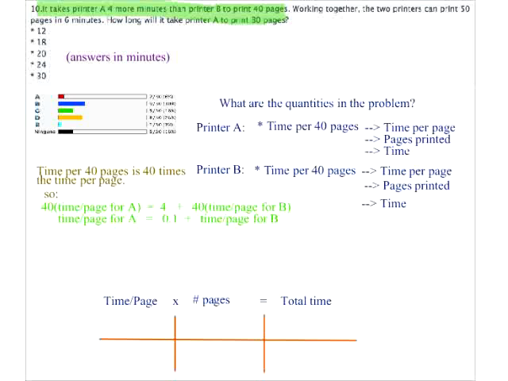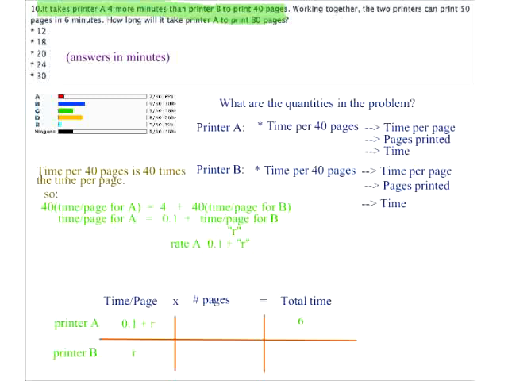So let's let this be rate R. If that's rate R for B, then the rate for A is 0.1 plus R. So R is time per page for B, and 0.1 plus R, times how many pages equals the total time. In 6 minutes, the total time is 6.